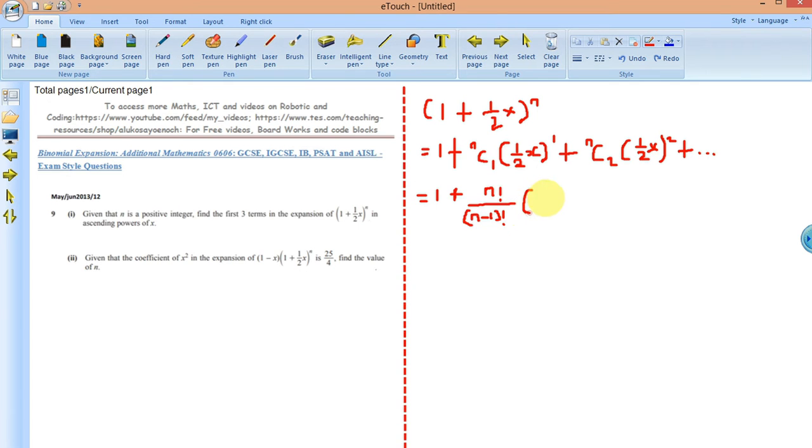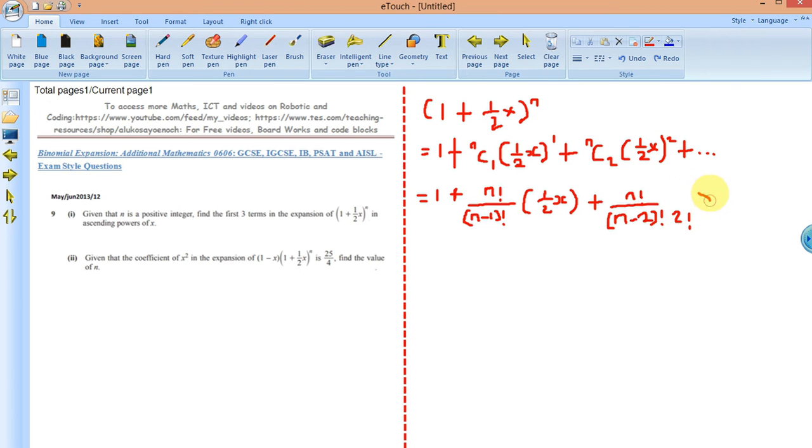Into 1 over 2 x, then plus, for n combination 2 you have n factorial over (n minus 2) factorial, then 2 factorial, and that will be x squared over 2.